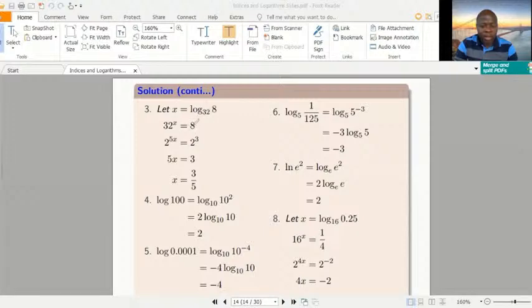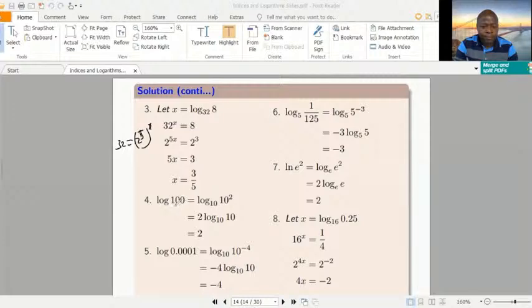I cannot express 8 in terms of 4, but I can express 8 as 2 raised to 3 and 32 as 2 raised to 5. So 32 is 2 raised to 5, then raise it to x. That gives us 2 raised to 5x. And 8 is the same as 2 raised to 3. So the bases are the same, just equate the powers. 5x is 3, and therefore x is 3 out of 5.